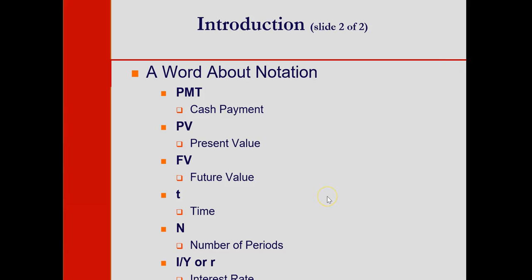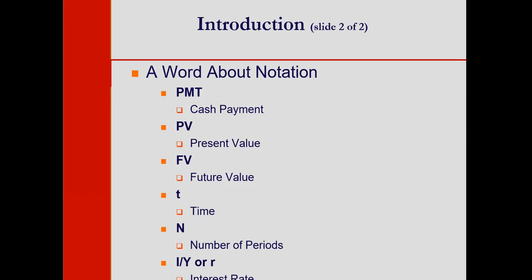As far as the notations are concerned, I have already explained them. PMT is for cash payment, which is a regular payment of the same amount at regular intervals; we use PMT in our financial calculator. PV stands for present value, FV is future value, T is time, N is number of periods. Time and number of periods can be different.